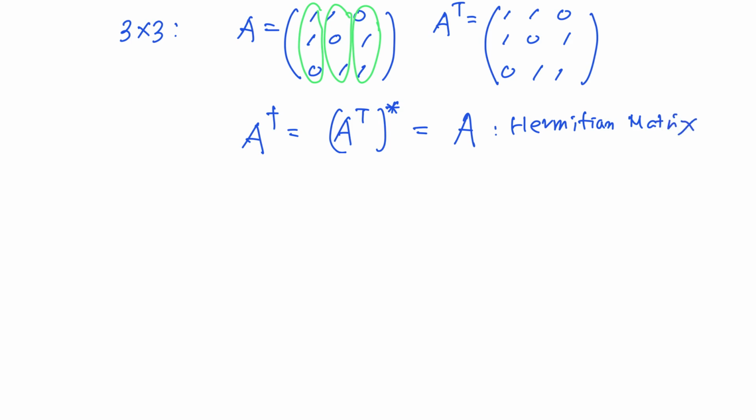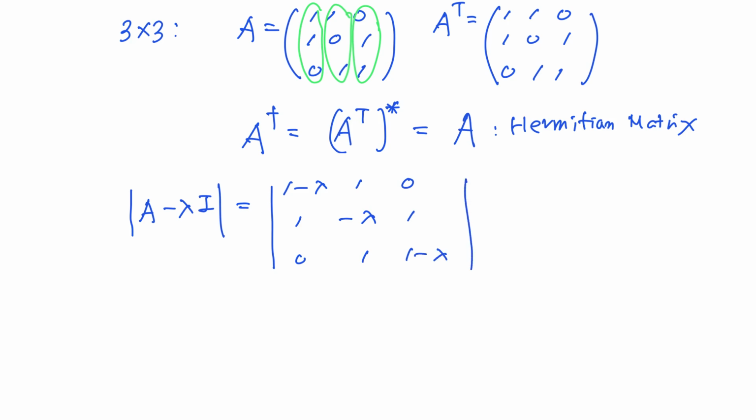So how do we find the eigenvalues? Determinant of A minus lambda I: determinant of 1 minus lambda, 1, 0; 1, minus lambda, 1; 0, 1, 1 minus lambda, right? So you need to find the cofactor matrix.